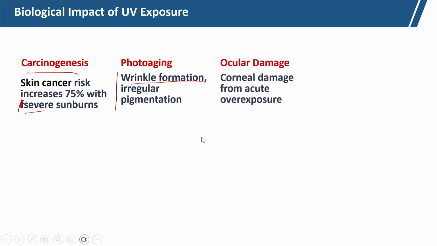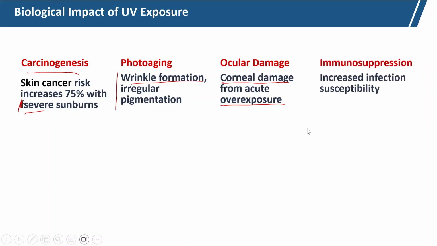and ocular damage, so corneal damage, from acute overexposure. So, for acute exposure with high UV index, if we do not use any sun protection or eye protection mechanism like sunglasses, it may damage our cornea. And immunosuppression, that is, increased infection susceptibility.